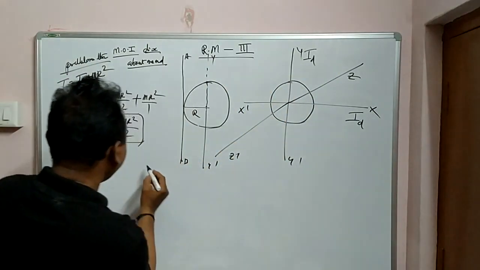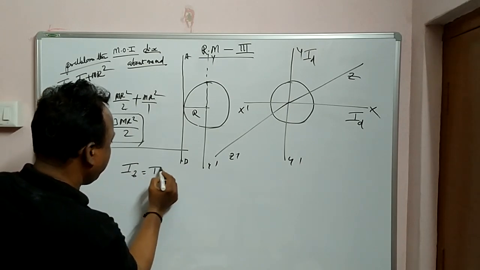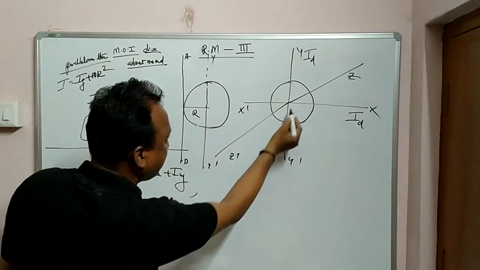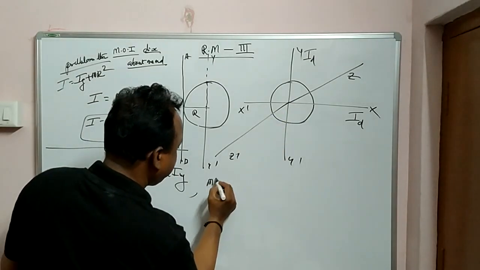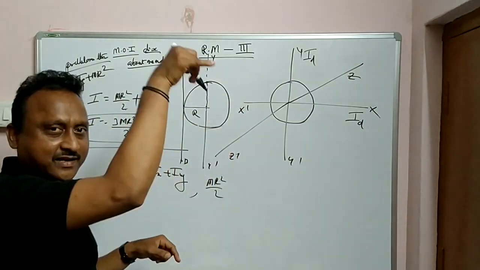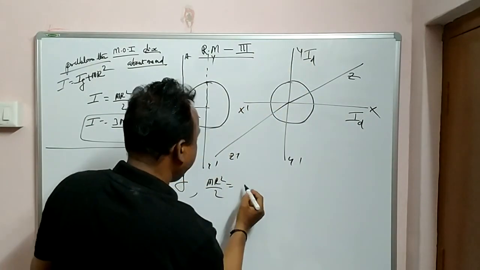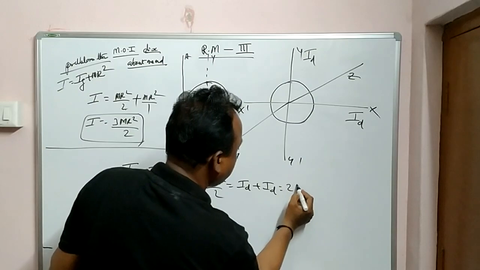What does the perpendicular axis theorem say? See here. From the perpendicular axis theorem, Iz is equal to Ix plus Iy. Iz we already know: m r square by 2, passing through the center perpendicular to the plane, is equal to Ix, which is Id, plus Iy, which is Id. So Id plus Id is 2 Id.